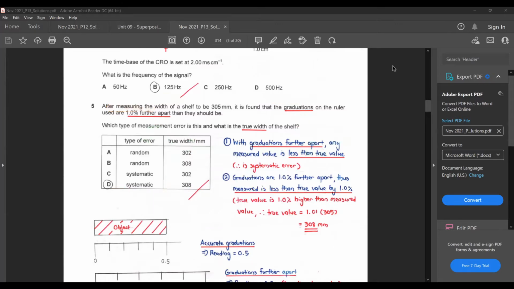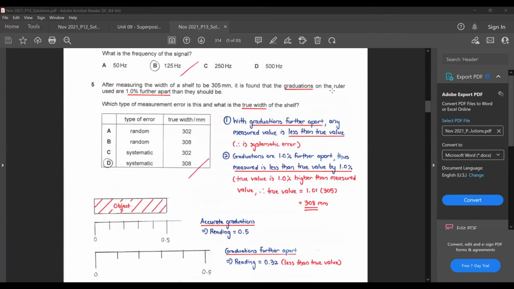Okay, this one requires a bit of imagining, right? They tell you after measuring the width of a shelf to be 305 millimeter, it is found that the graduations on the ruler used are 1% apart than they should be. Graduations on the ruler refers to the divisions on the ruler. When you look at your ruler, you notice the line divisions, right?